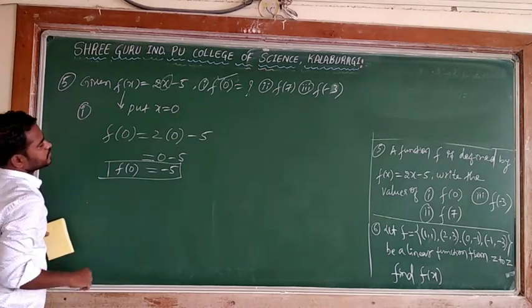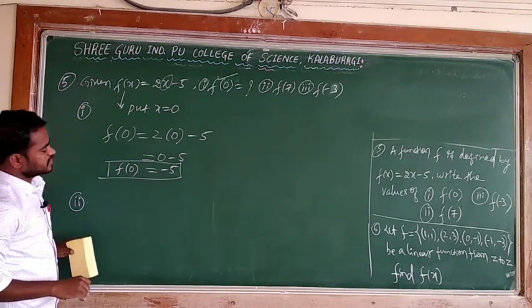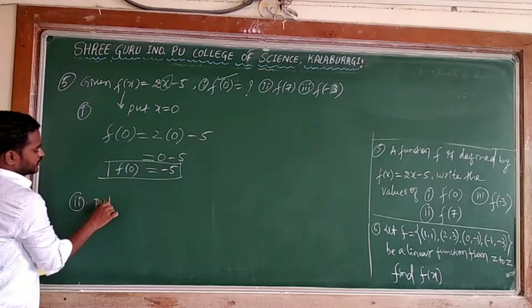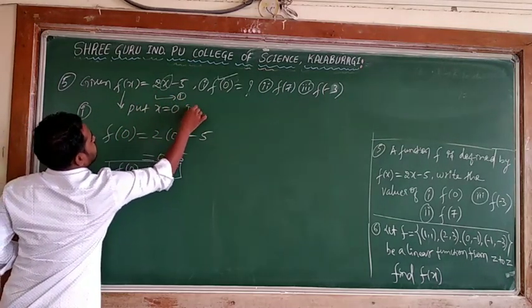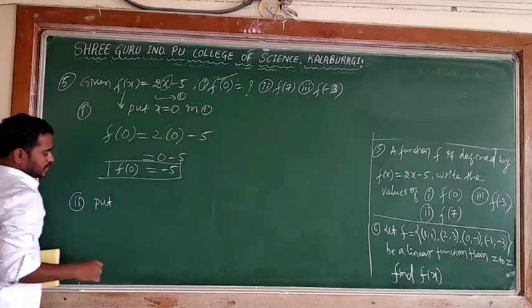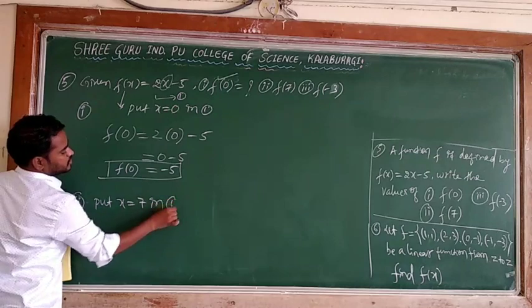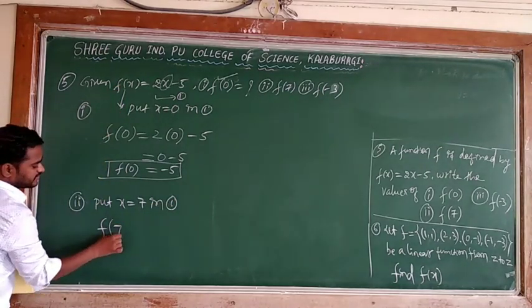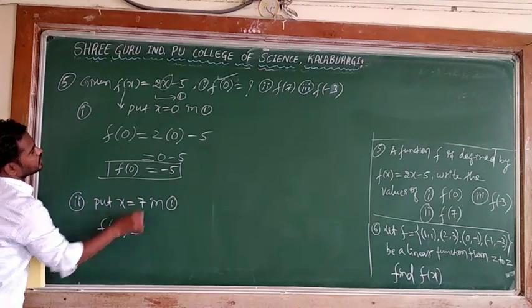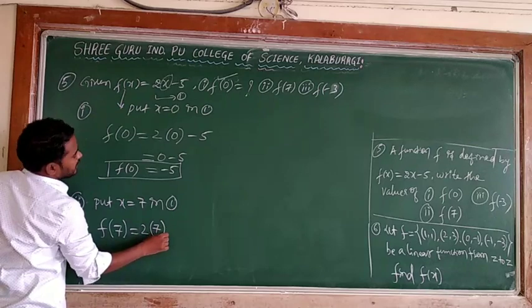For the second case, what we need? F of 7. Put x is equal to 7 in equation 1. Equation 1 implies f of x is equal to 2x minus 5.